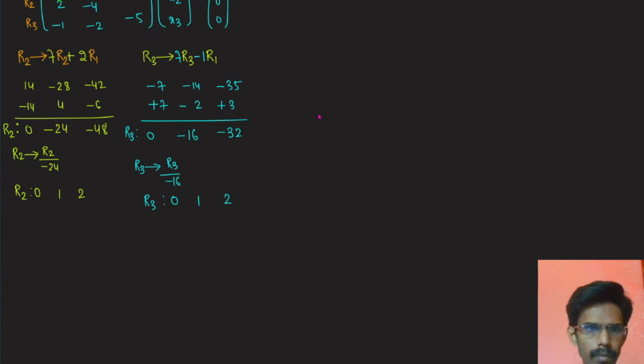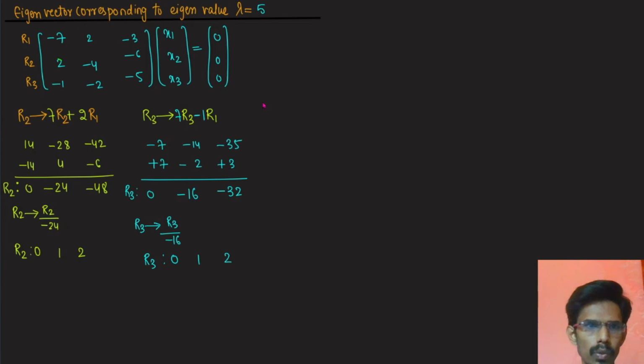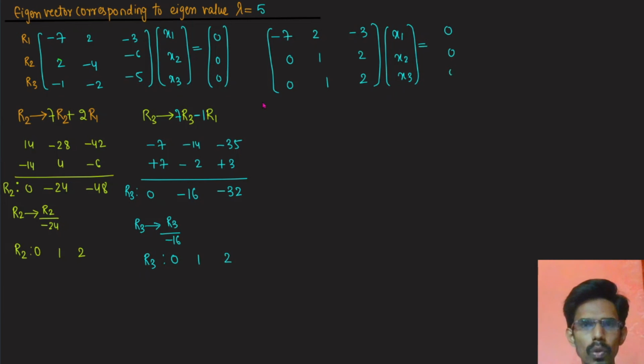So the given matrix will now become minus 7, 2, minus 3, and this will become 0, 1, 2, 0, 1, 2, times x1, x2, x3 is equal to 0, 0, 0.